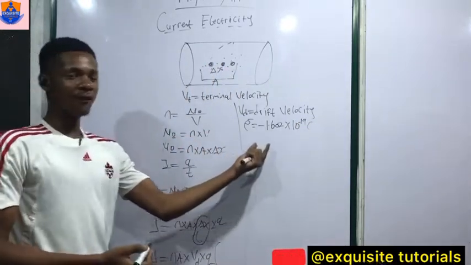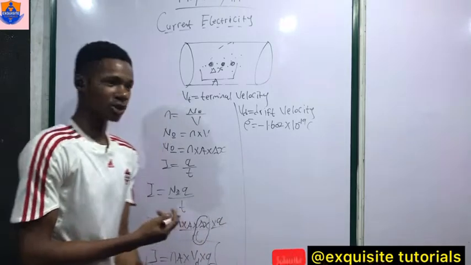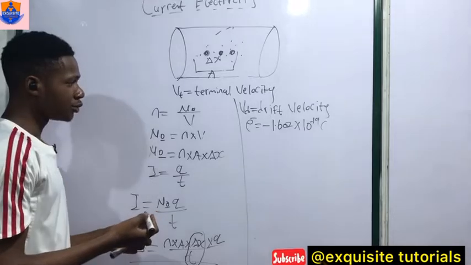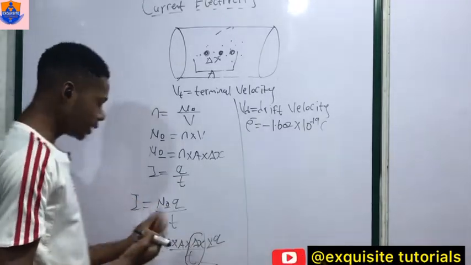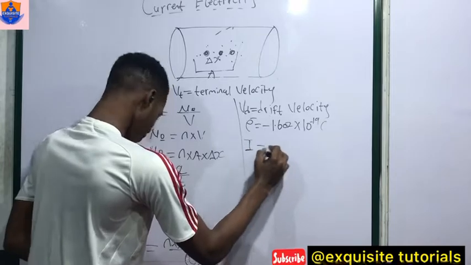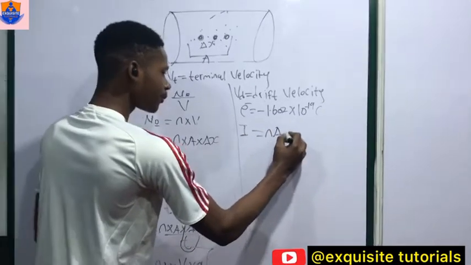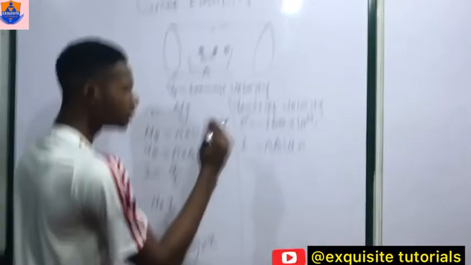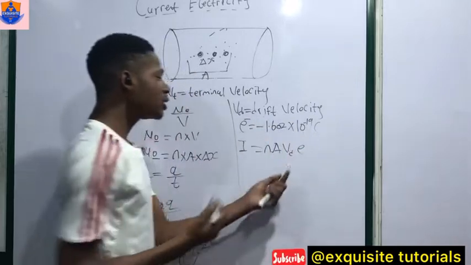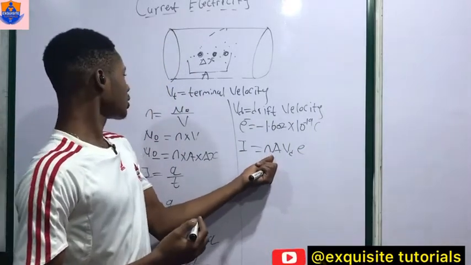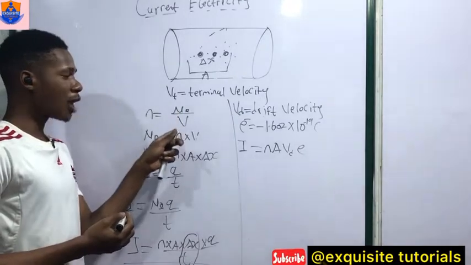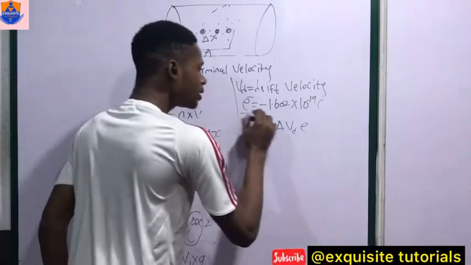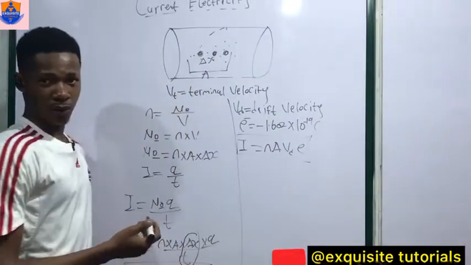Since on conductors, it is electrons that cause current to flow through it, I can replace q with e, and therefore I will have I equals n a times drift velocity times e, where e is the charge of the electron, n is the number of electrons per unit volume, v d is the drift velocity, a is the area, and I is the current. This is a general formula for calculating current. Remember, current is measured in ampere.